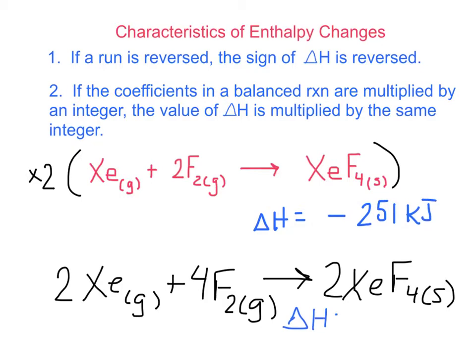So my delta H will be 2 times negative 251 kilojoules of energy, which would be a negative 502 kilojoules.